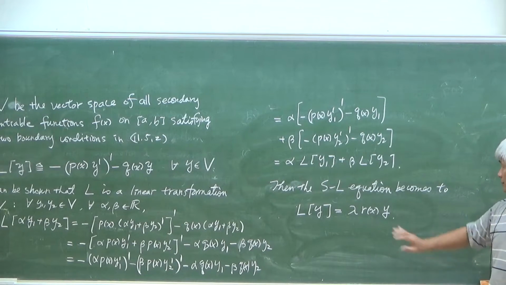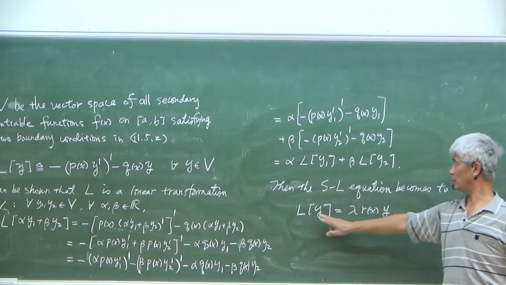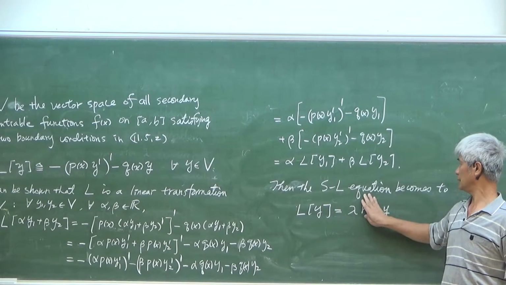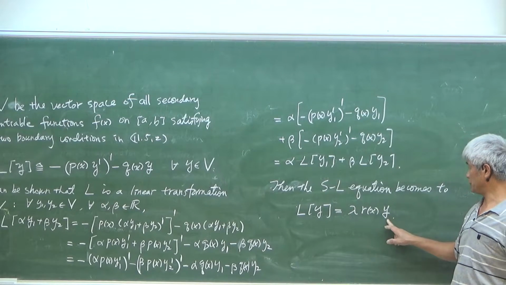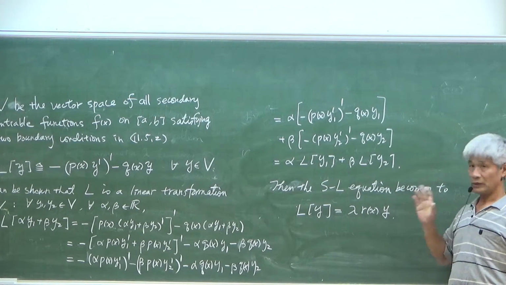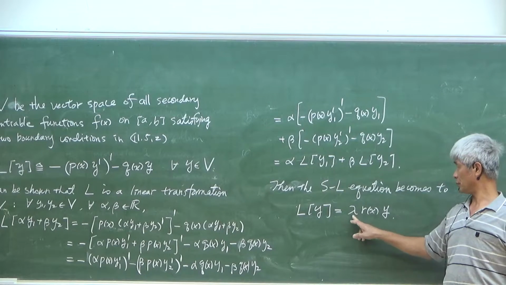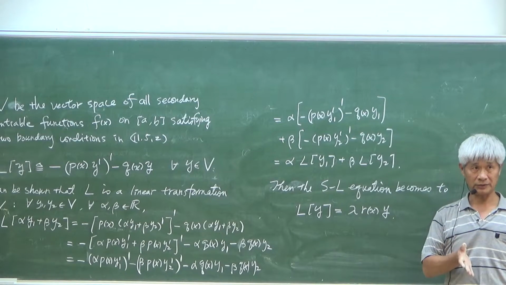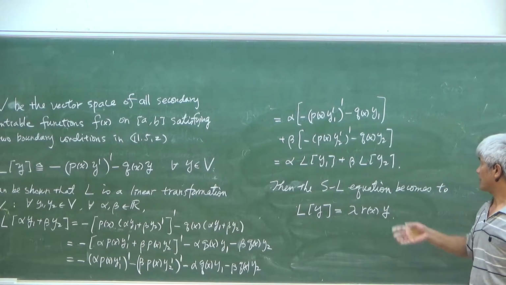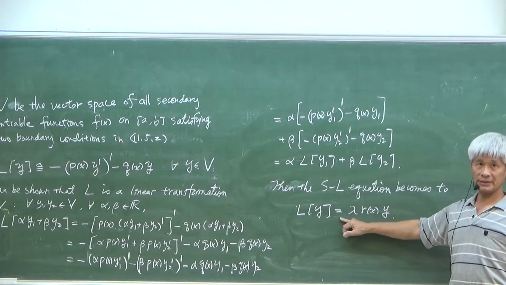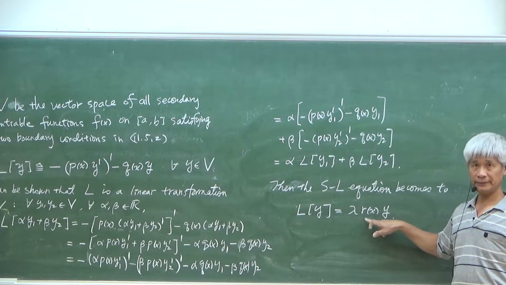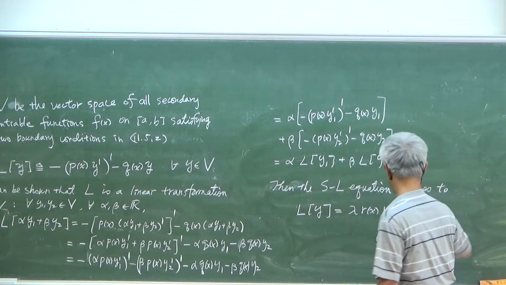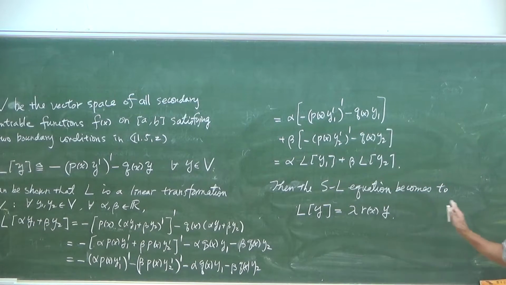If r is 1, then L y equals lambda y means that this is an eigen equation. And any non-trivial solution y is called eigenfunctions, and the corresponding lambda are our eigenvalues. But we can generalize this result by including the r of x here. So it is a kind of eigen equation.